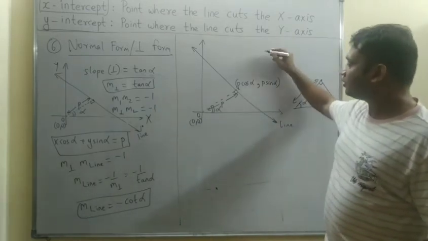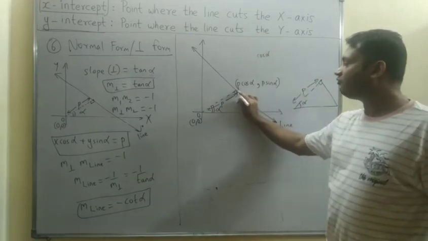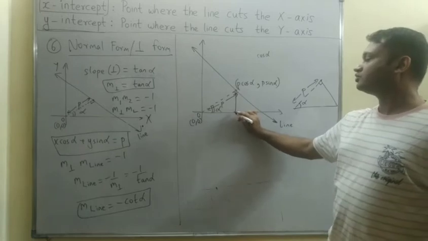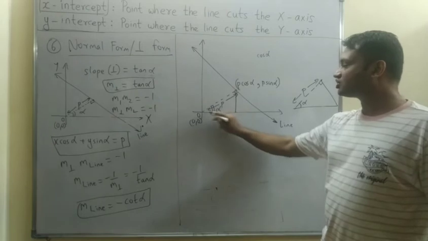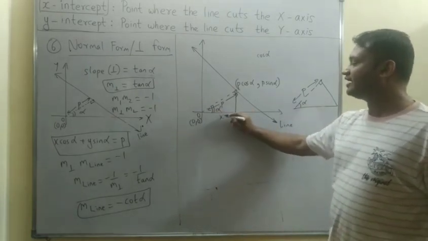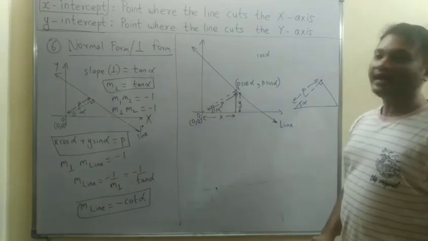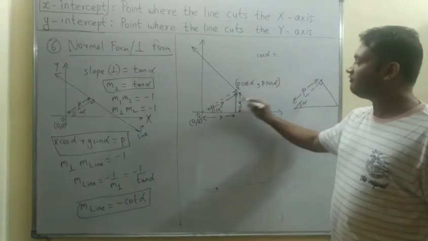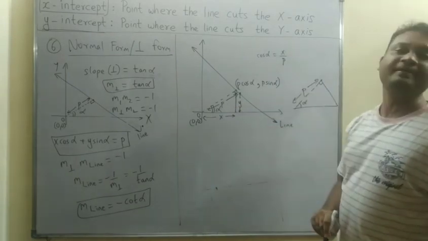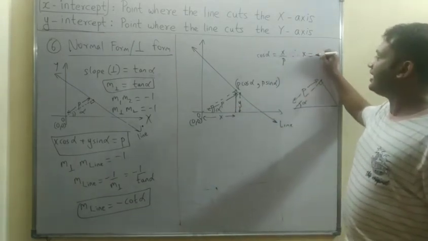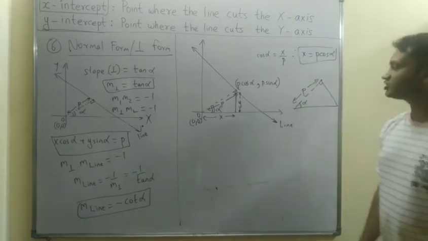For that let us take cos alpha in this triangle. If I drop one more line from here, this is our construction and this is our triangle. In this triangle, if I take this side as x and this side as y, then cos alpha is adjacent upon hypotenuse, which is x upon p. So I will get x is p cos alpha. This is our first equation.